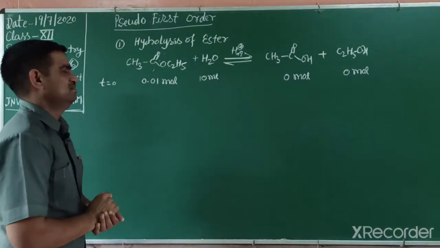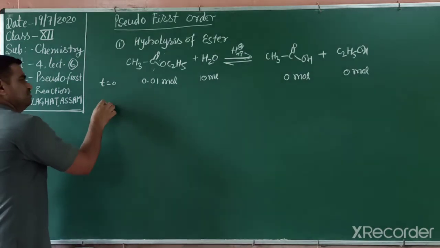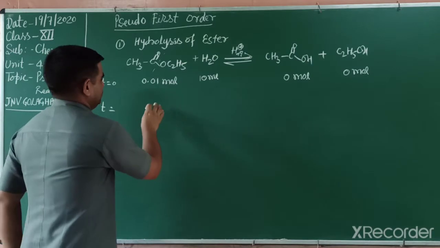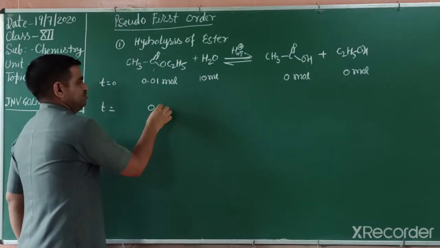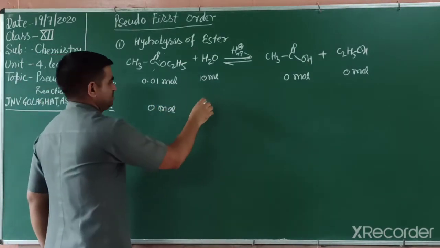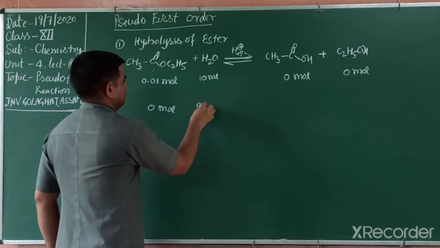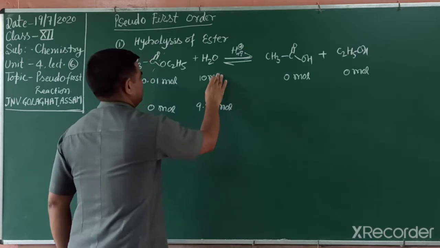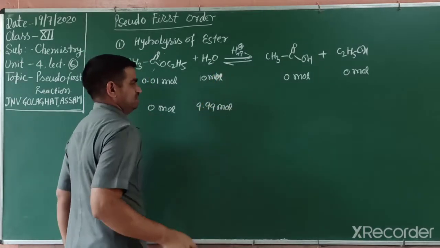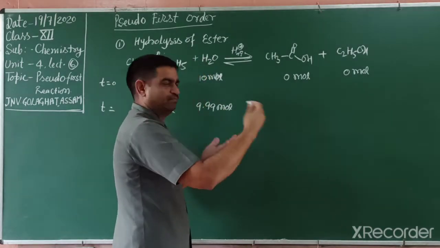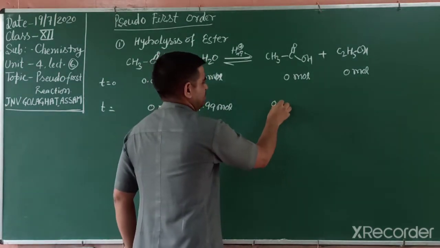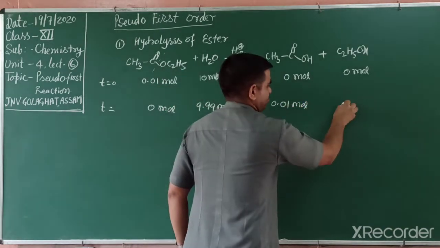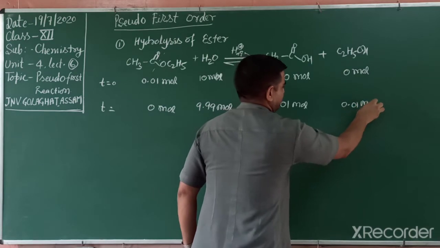After some time t, after completion of the reaction, this one is finished, 0 mole, and the water remaining is 9.99 mole, and the formation, if it completely dissociates, is 0.01 mole, and ethanol also 0.01 mole.